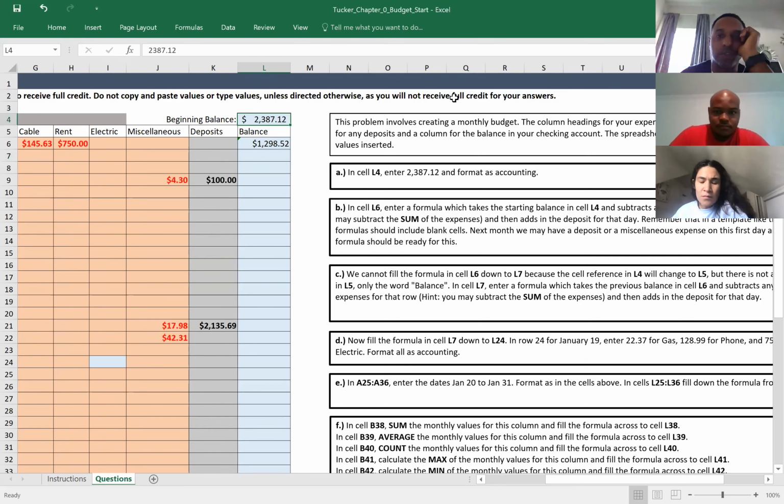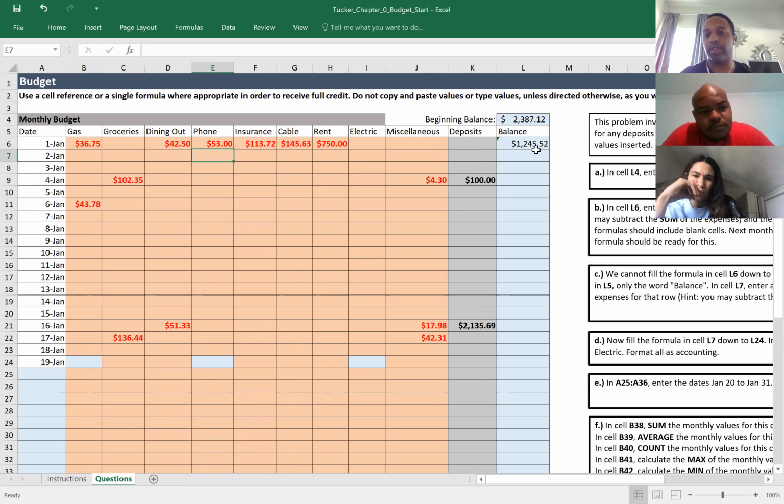Because that allows you to type in values, and that changes the result. So when I look at this value, if I want to put in an expense right here for telephone bill, let's say it's $53, instead of having to calculate that, I can just hit $53, hit enter, and that automatically changes my value. And then deleting it takes it back to where it was.